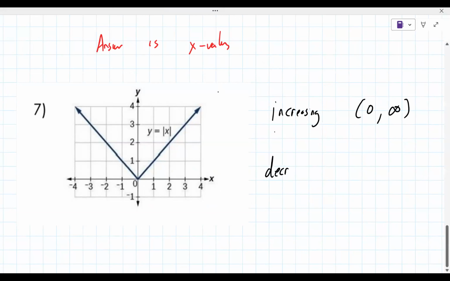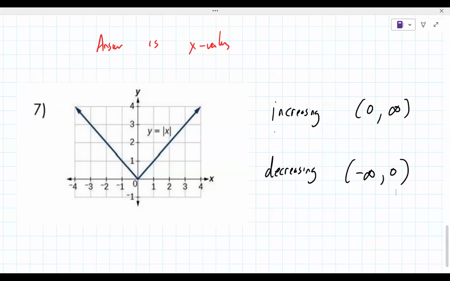It is decreasing from minus infinity to 0. So from minus infinity, anywhere over here, all the way to 0, it is decreasing. So the answers here are the X values, nothing to do with the Y values. Yeah, I think I understand.